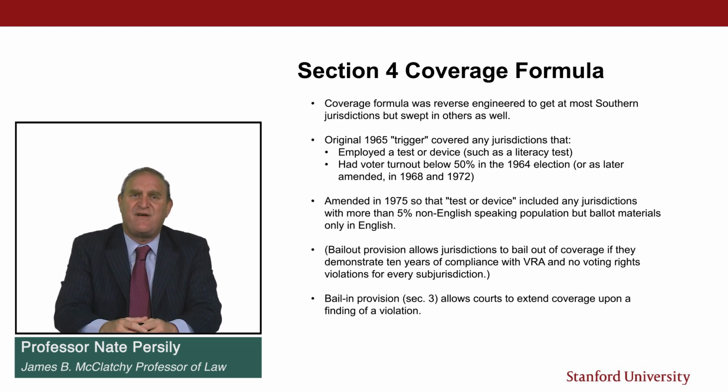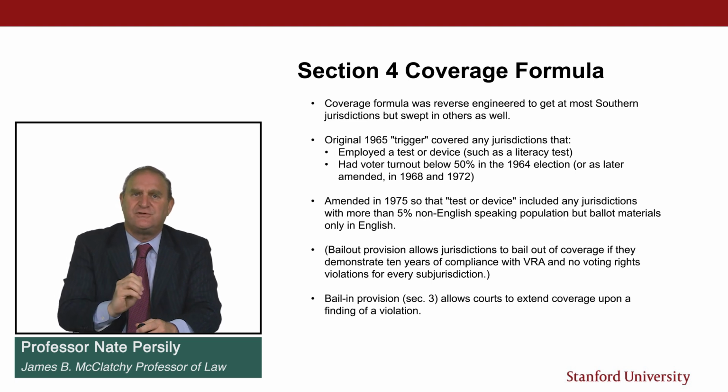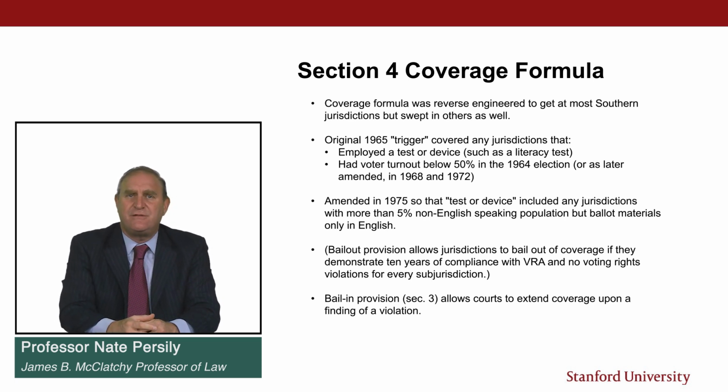Those are the 1975 amendments. But again, it's the presence of a test or device plus low voter turnout, not, for example, a whole history of voting discrimination lawsuits. But this coverage formula was an attempt to get at many of the southern jurisdictions that had a history of violating voting rights.